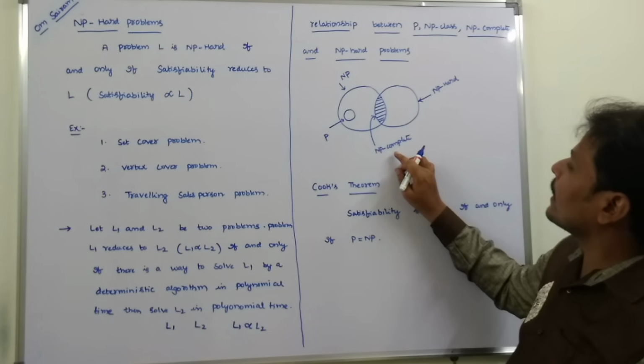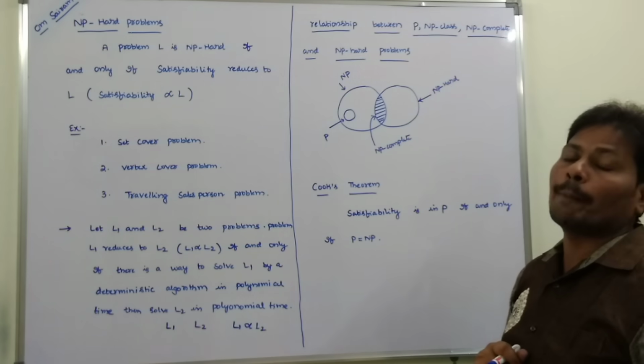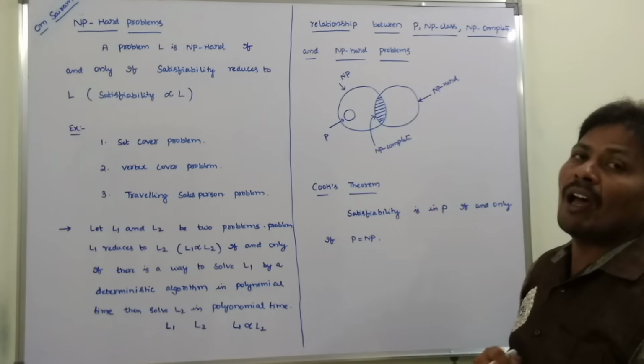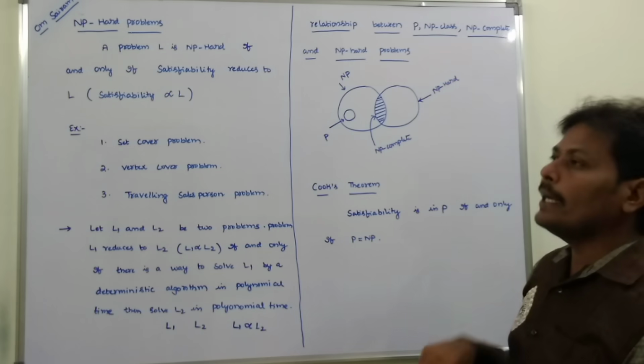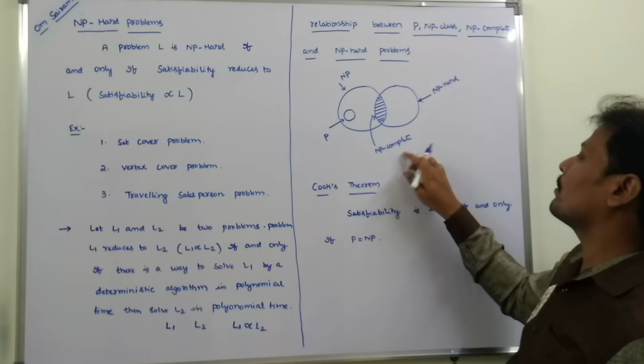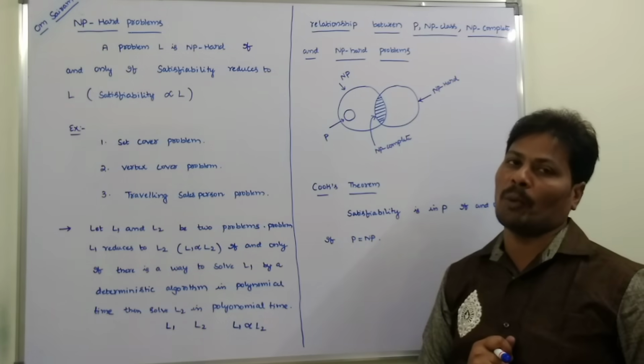How can you say that a problem is NP-complete? A problem L is NP-complete if L belongs to NP and L is also NP-hard. Then that problem is called an NP-complete problem.